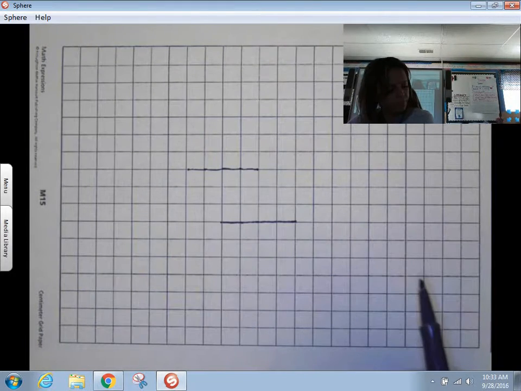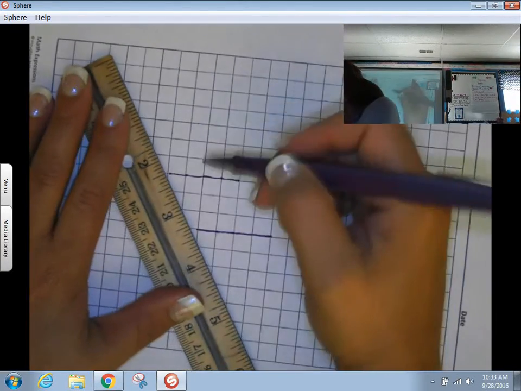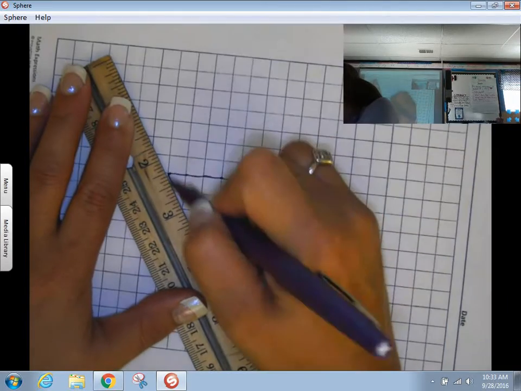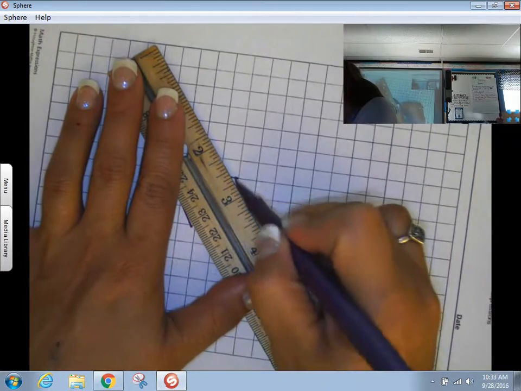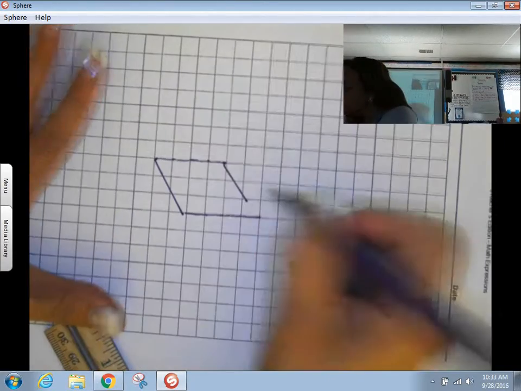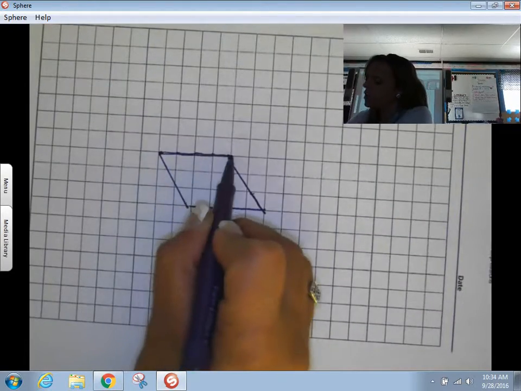How did I do it? 1, 2, 3, 4. And then I'm going to use my ruler to connect my points. It's kind of backwards from the last one, isn't it? Like flipped. Okay.